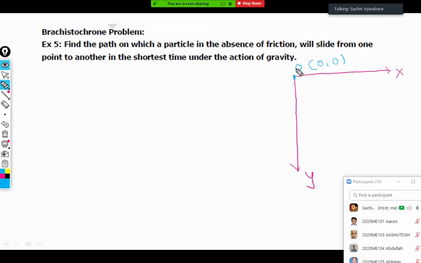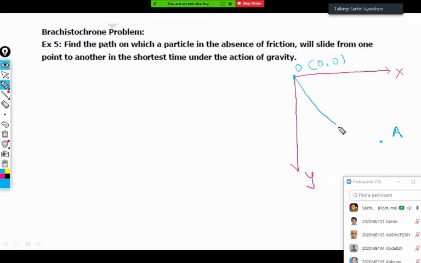We have to go from point O to some point A. Remember that O and A will not be on the same line, the y-axis. So A is somewhere other than the y-axis, and we have to find the curve for which the particle is coming from O to A in minimum time.